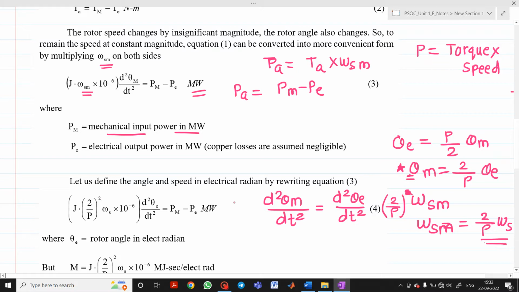Omega S into 10 raised to minus 6 as it is, and instead of theta m, we are now writing theta E. So d square theta E upon dt square will be equal to Pm minus Pe.